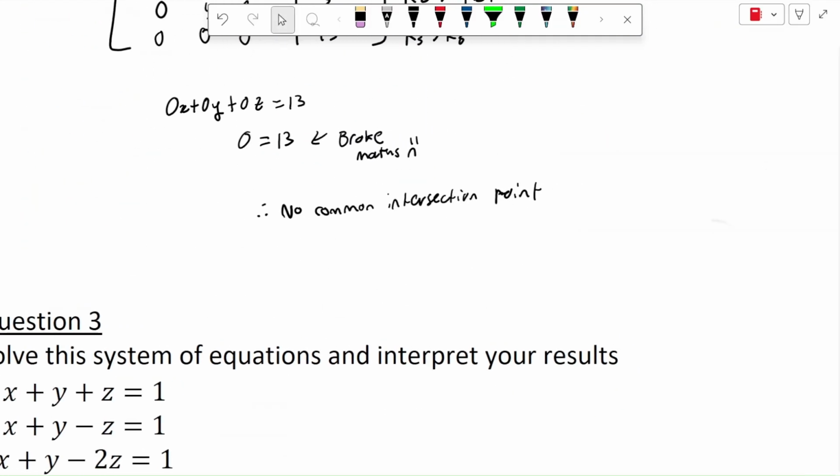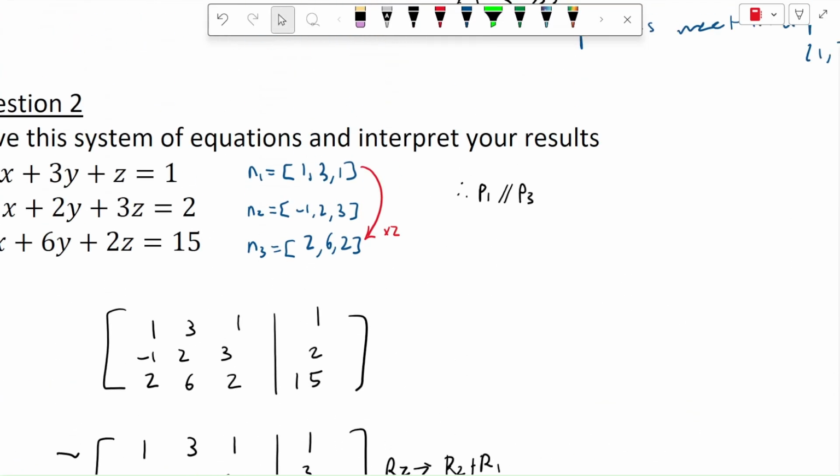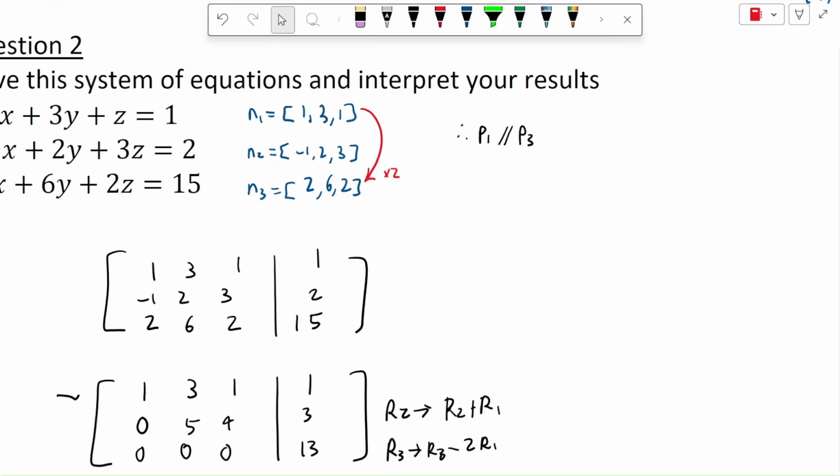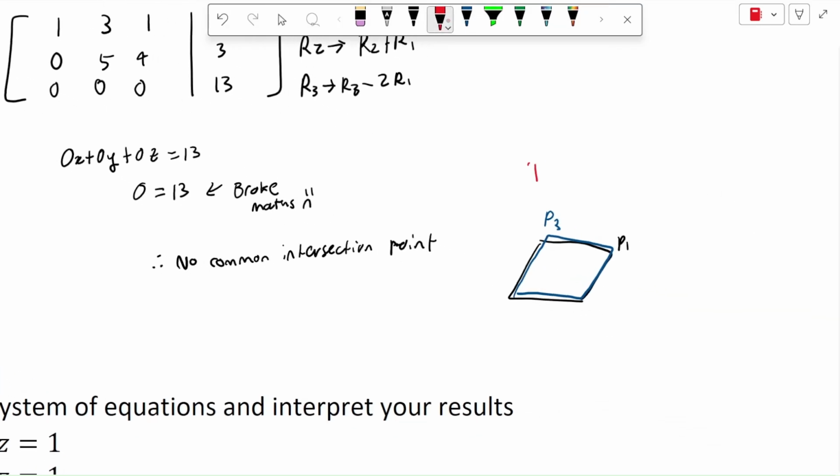So probably what this situation looks like is you've got, here is plane 1. Now, there's two things that can happen. You could have plane 1 being there and plane 3 sitting right on top. This is if the whole equations are multiples.